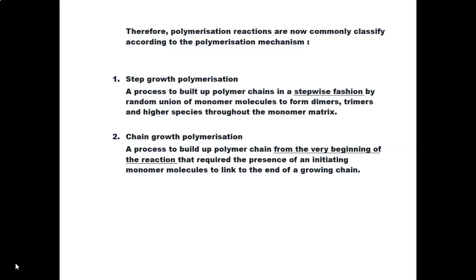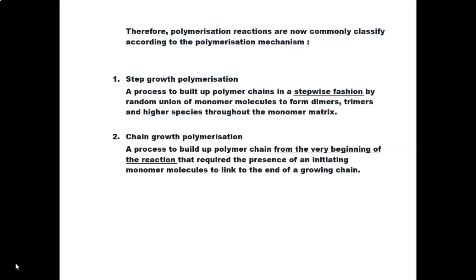While chain growth polymerization is a process to build up polymer chains from the very beginning of the reaction that requires the presence of an initiating species for monomer molecules to link to the end of a growing chain. So what I can say about the difference between step and chain is in step growth, any two molecular species can react, but in chain polymerization, the monomer can react only with the reactive species.